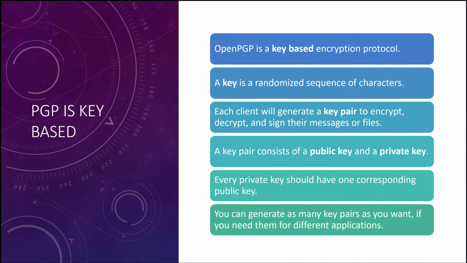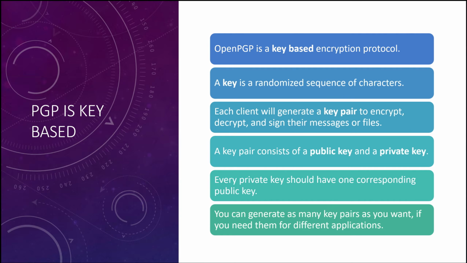How does PGP work? Well, PGP is key-based. So there are these things called keys, which are kind of like randomized sequences of characters. They don't mean anything inherently by themselves, but we use that key to encrypt and decrypt this information.